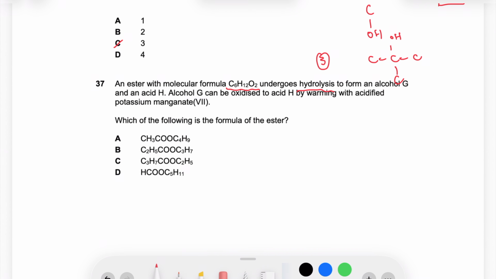Okay, so alcohol G can be oxidized to acid H. So this shows that G and H have the same carbon atoms. Okay, since it's 6, so both are 3 carbon. Okay, so it's propanol and propanoic acid.